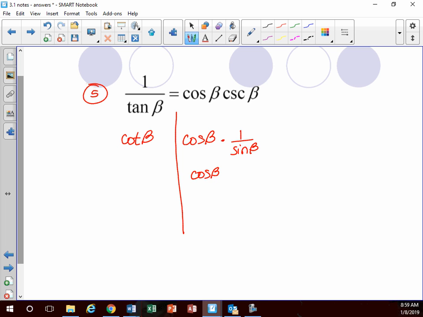So over here, I now have cosine over sine. And what is cosine over sine? Cotangent. So you could either make both sides into cotangent, or you could have made both sides into cosine over sine. Okay? Not bad? Okay.